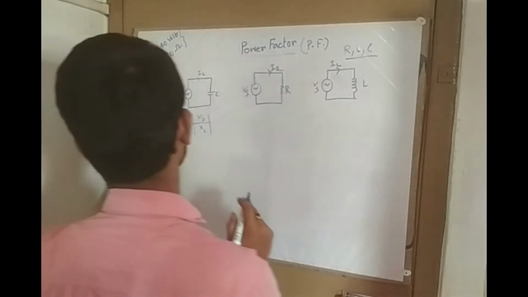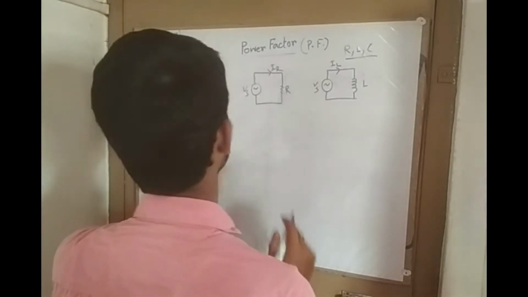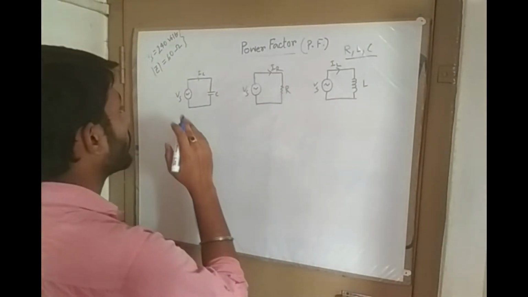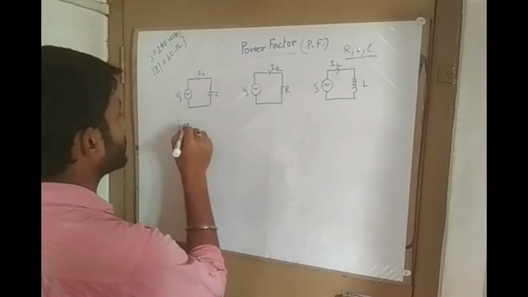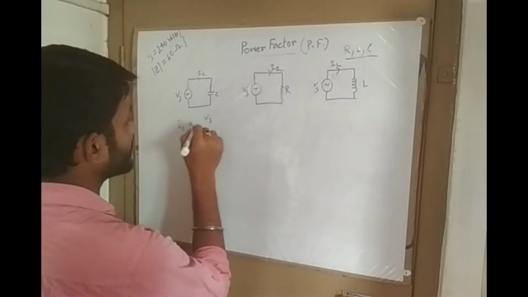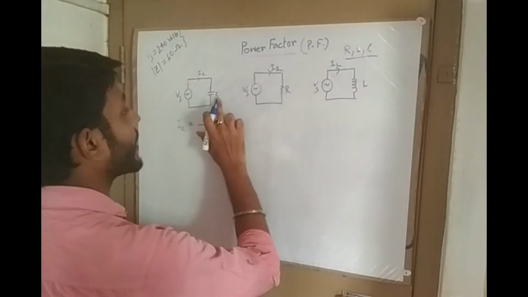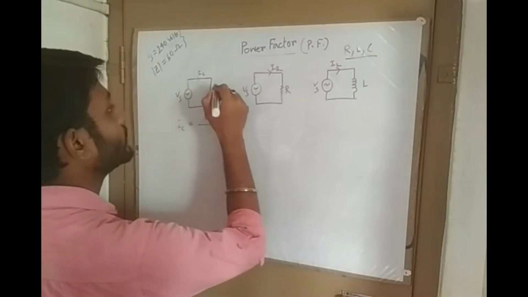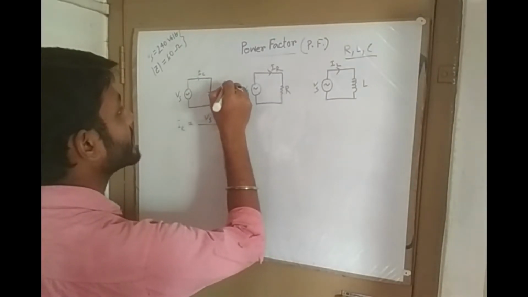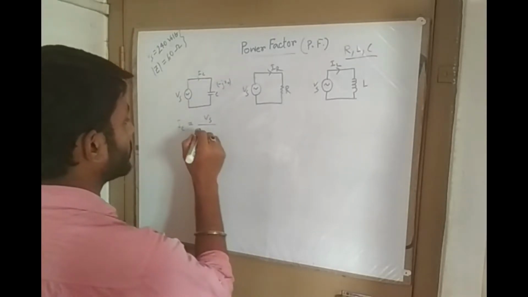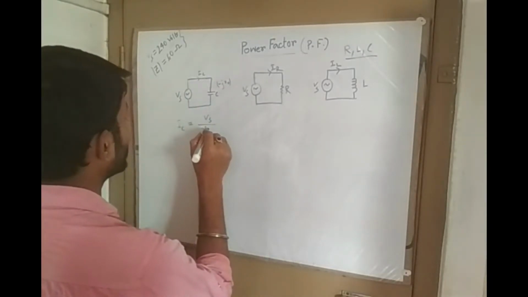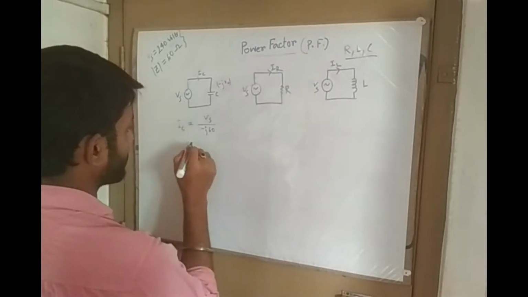But if we have to find the power factor, we will not only consider the mod value. IC equal to Vs divided by the capacitive reactance value, which is minus jXc. Here the mod Xc is 60 ohm, so it will be minus j60.